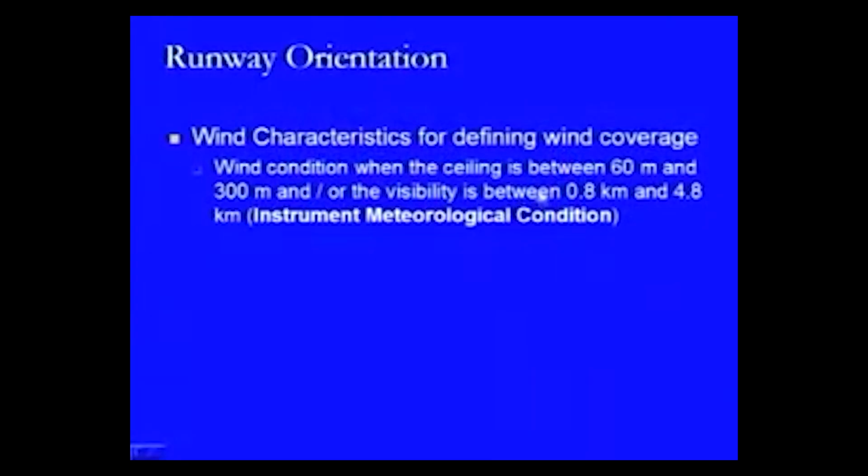And further, in the case of the instrument meteorological conditions, it defines the wind condition when the ceiling is between 60 meters and 300 meters and or the visibility is between 0.8 kilometer and 4.8 kilometers. So, that is the way it is defined for the instrument meteorological condition.